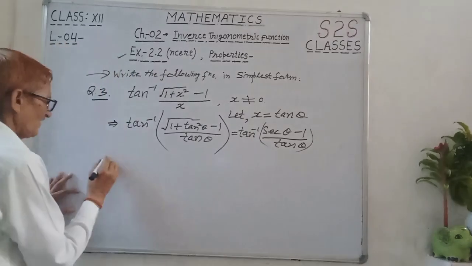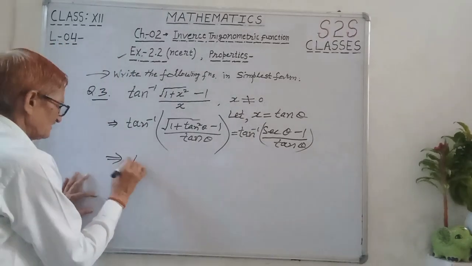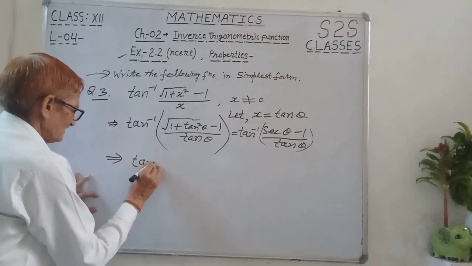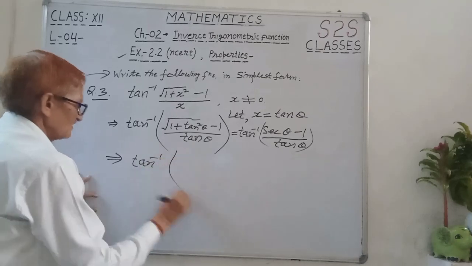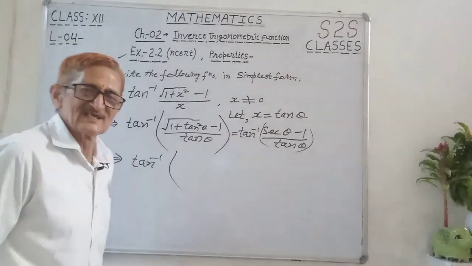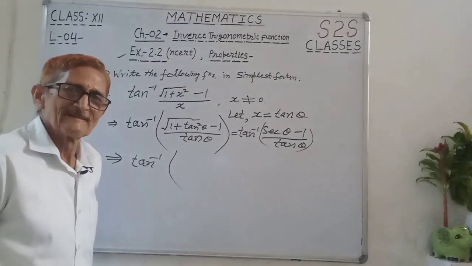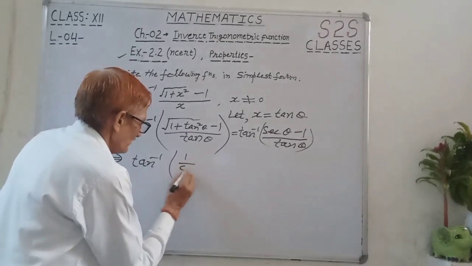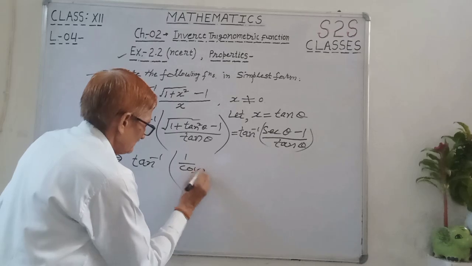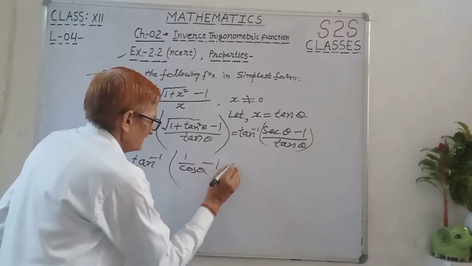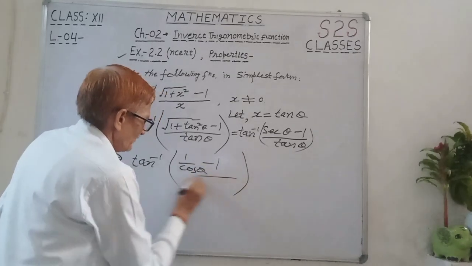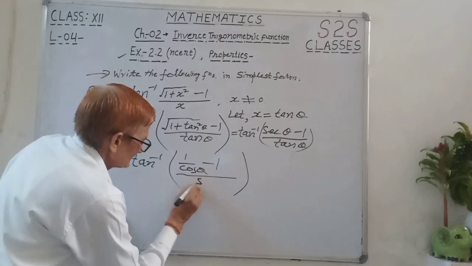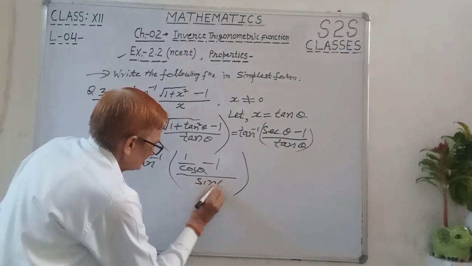Okay, now forward in trigonometry. As in 10th class, we are simplifying sec theta. Sec is 1 upon cos, so 1 upon cos theta minus 1, upon tan theta, which is sin theta upon cos theta.